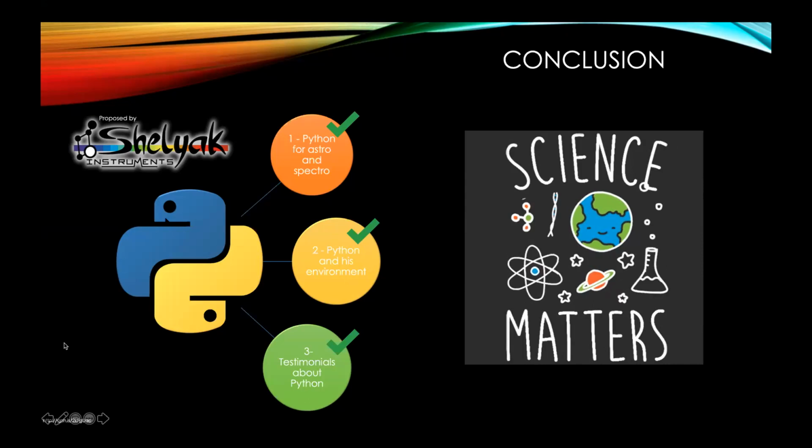And I also want to thank Olivier and François because they proposed to Vincent and myself to do this workshop, and it was very interesting to prepare it and to share it and to discuss with all of you about Python. And for the real conclusion, I just want to say Python is very interesting, but it is only a tool, and the real goal for us is to make science for sure.